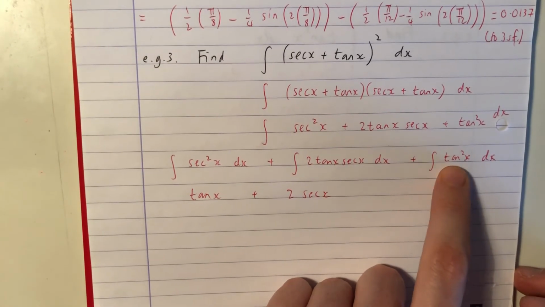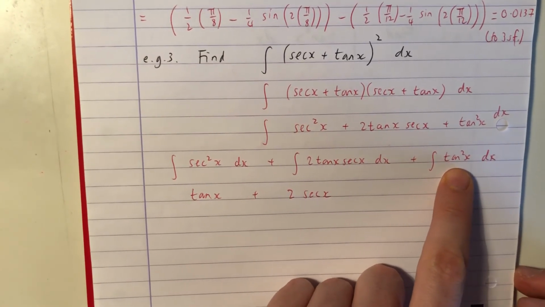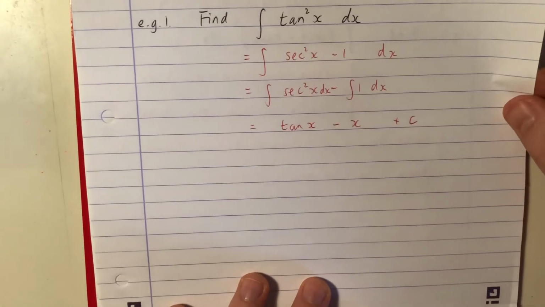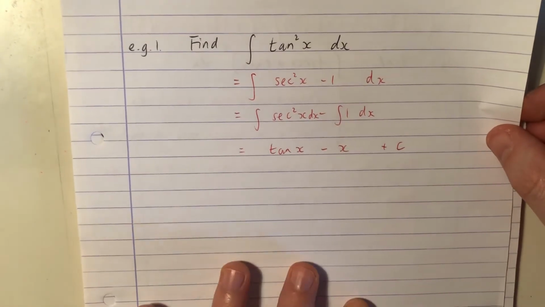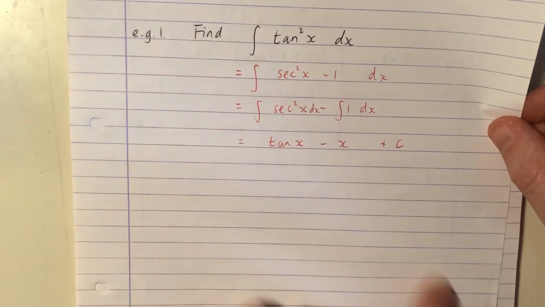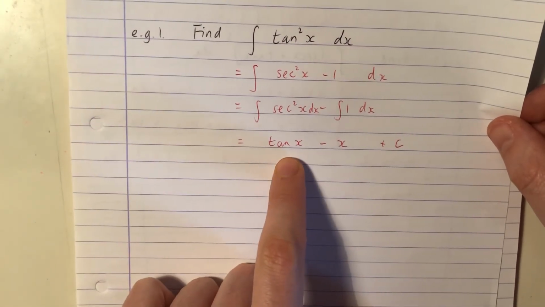Tan squared x is not in the book, but we did work it out in e.g. number 1. So I'm going to cheat and just look at e.g. number 1 again. That's what the answer was, integrating tan squared. You'd have to do the same method again, use the identity, but what's the point when I've got the answer? So it's tan x minus x.